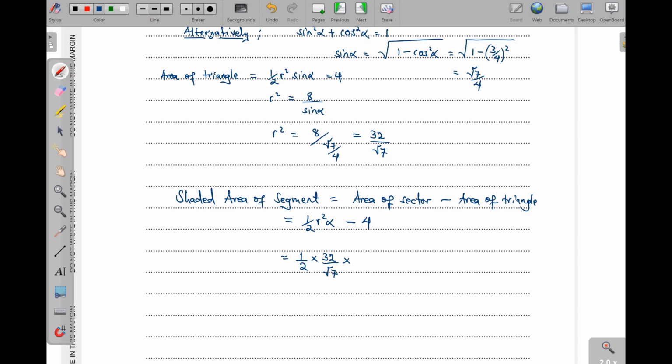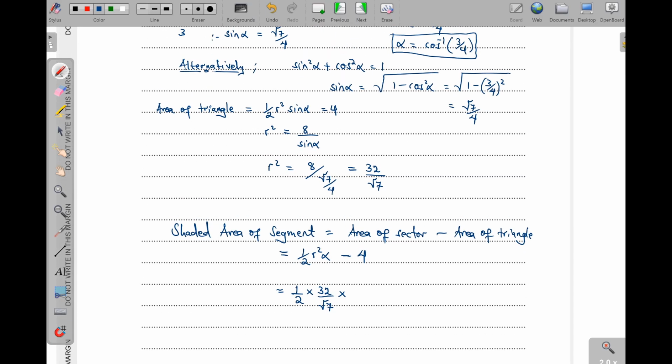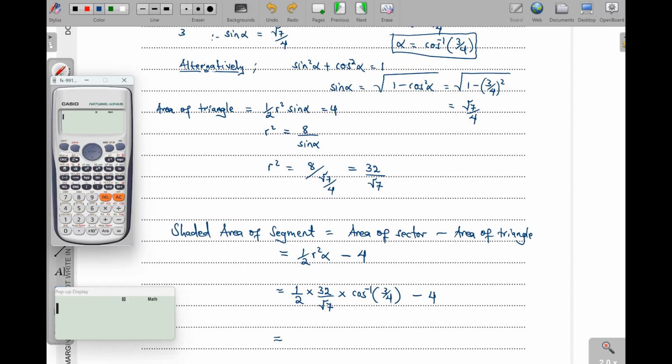Okay, so what is alpha? It can either be the arc sine of this or the arc cos of 3 over 4. So let me write the arc cos of 3 over 4, then minus 4. And to three significant figures, what do we get? Remember here, the calculator has to be in radians. Mine here is in degrees, so I will have to change it to radians.